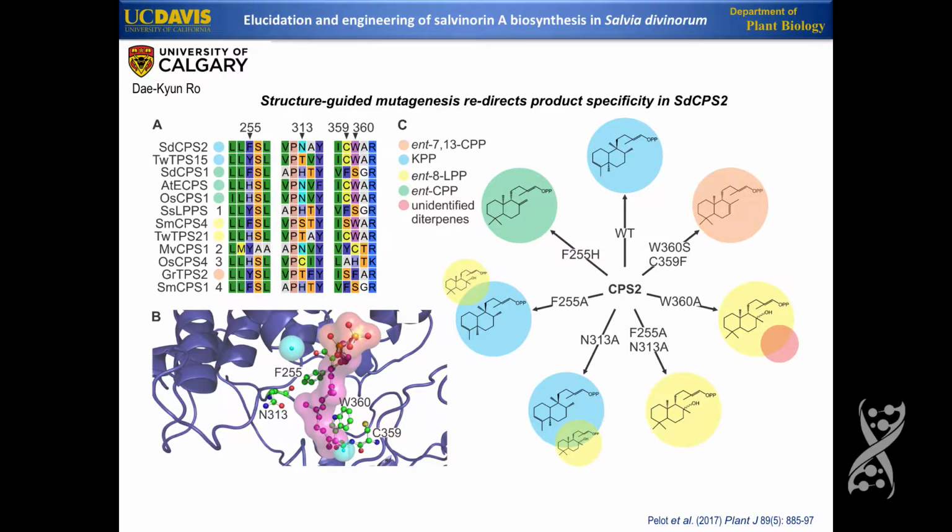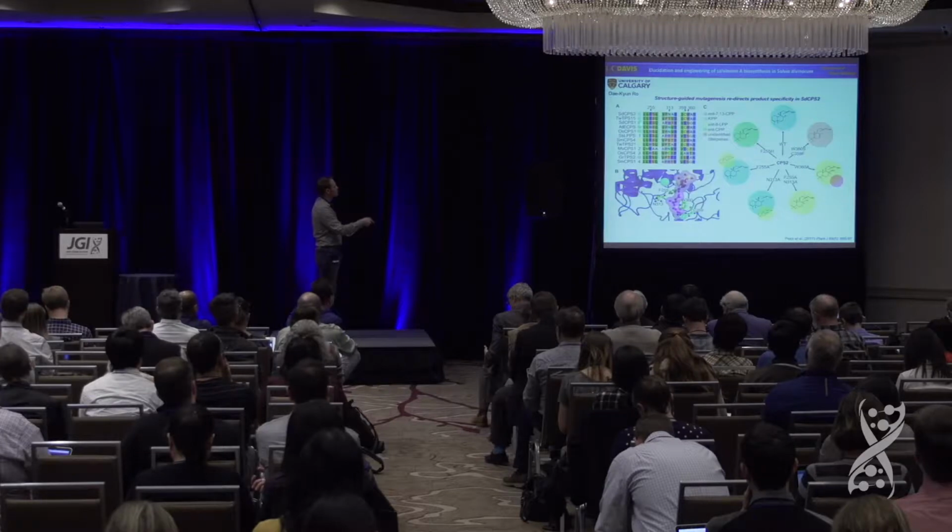And so what we did was, using homology modeling, which is very straightforward because these enzymes are structurally so related, combined with ligand docking of the GGPP in the active site, we looked at functional residues in the active site in about a 6 to 8 angstrom radius around the docked ligand, and compared them to all the diterpene synthases we had characterized so far, and could pinpoint some unique amino acids for site-directed mutagenesis.